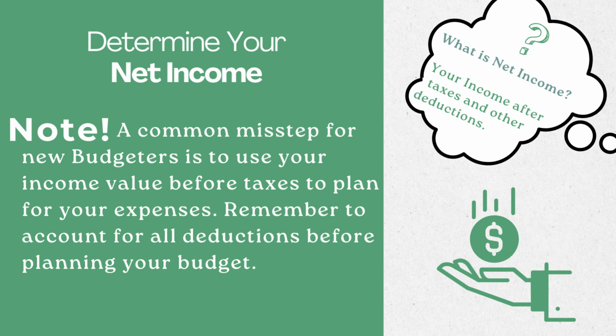A common mistake that new budgeters make is assigning all their original pre-tax salary to different categories without accounting for taxes and other bites out of their income. If you make this mistake, you will end up short of money when you try to begin your budgeting plan. It is important to know the true status of your net income and be honest with yourself. Without budgeting with honesty, it will fall apart.